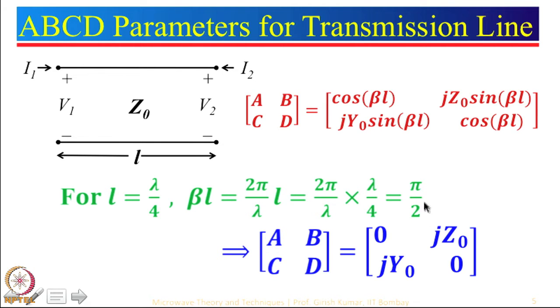Beta L becomes pi by 2. So, cos(pi/2) is equal to 0, and sin(pi/2) is equal to 1. So, we will be left with j in the off-diagonal positions, and cos(pi/2) equal to 0 on the diagonal. This will be the ABCD matrix for a transmission line of length L equal to lambda by 4.